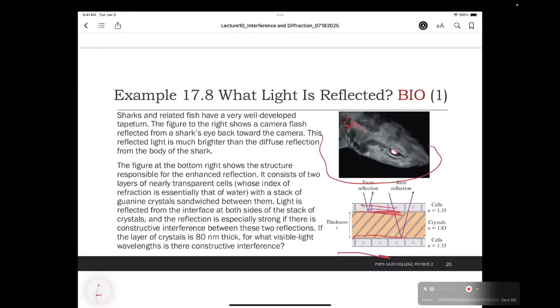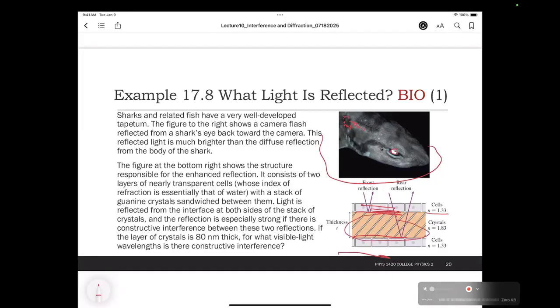It consists of two layers of nearly transparent cells, whose index of refraction is essentially that of water, which is 1.33. And with a stack of guanine crystals sandwiched between them, there is a crystal thing.